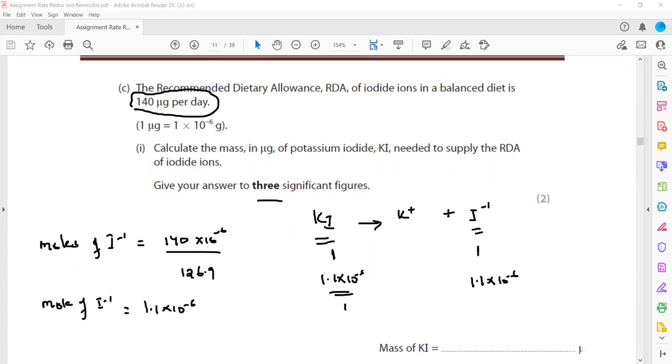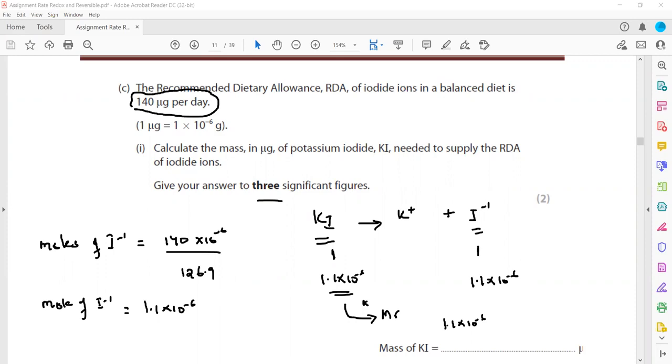After getting the moles, because we need a mass in grams, we'll multiply by molar mass. So 1.1 into 10 to the power minus 6 multiplied by the molar mass of potassium iodide. So what is the molar mass of potassium iodide?